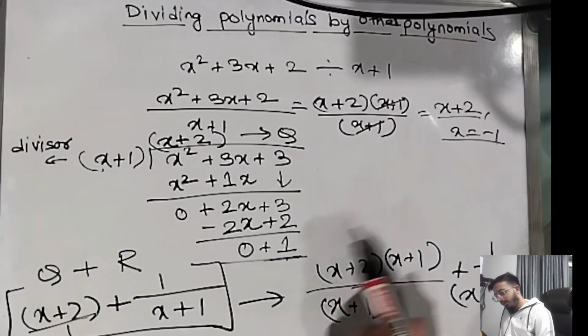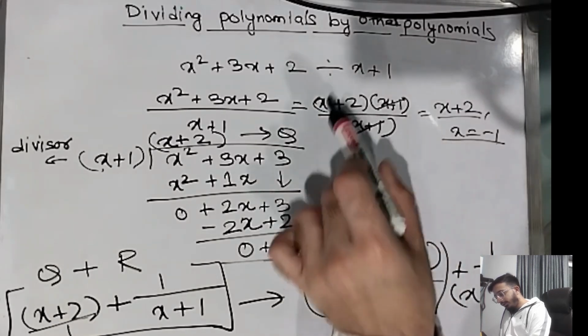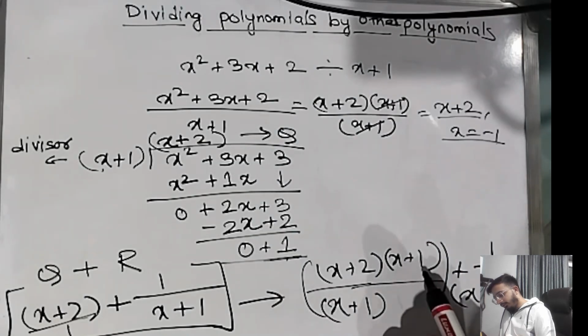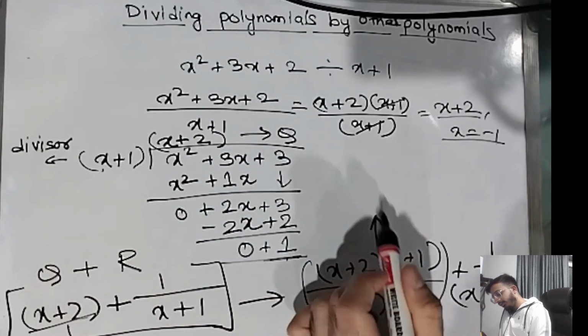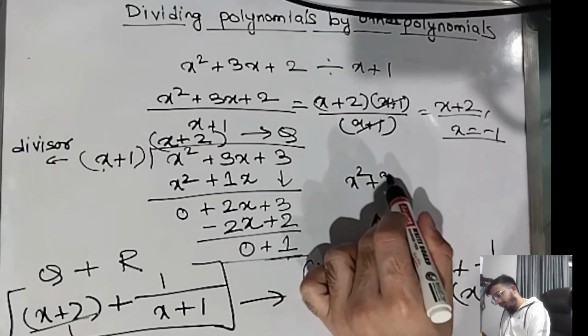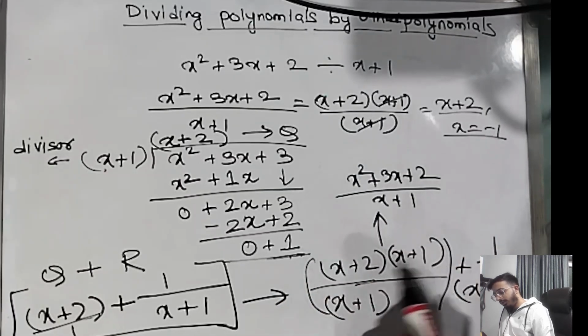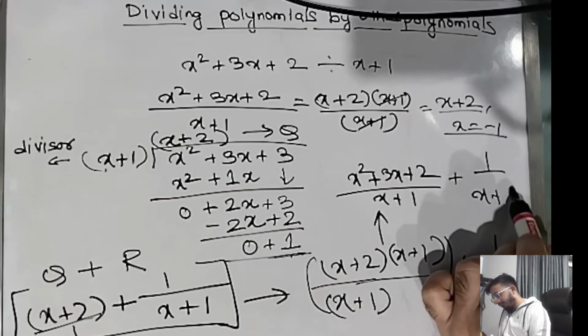So what do I get? I got this fraction and this fraction. Now x plus 2 times x plus 1 by x plus 1. Is this something which we have seen before? Right. This is the same term. This and this are equal. So this means that this term, which was x square plus 3x plus 2 by x plus 1, if you multiply these two, you get this one plus 1 by x plus 1.